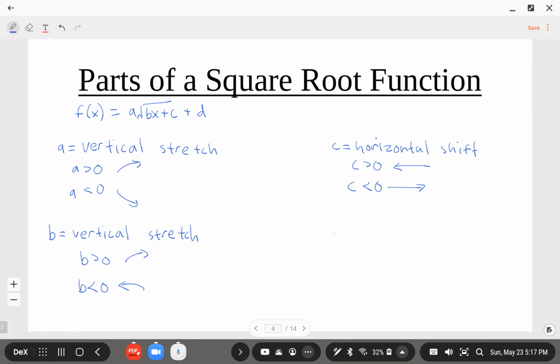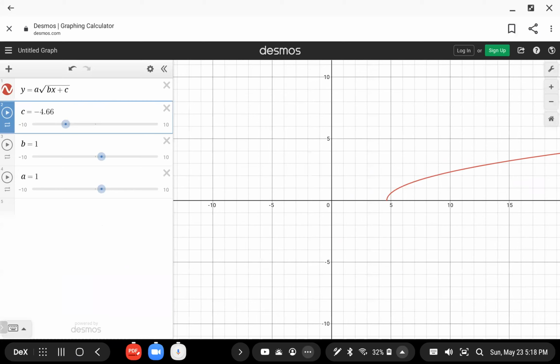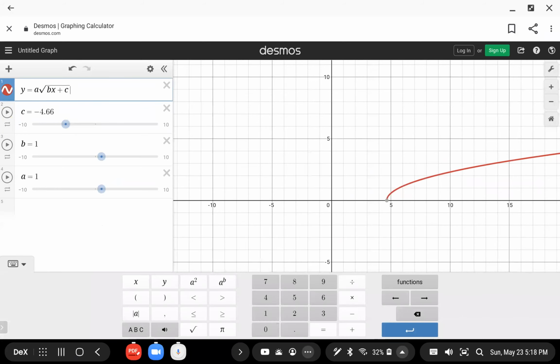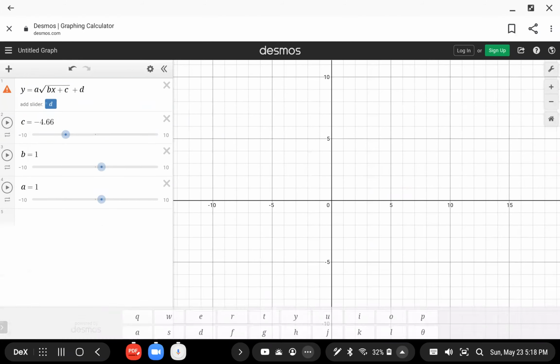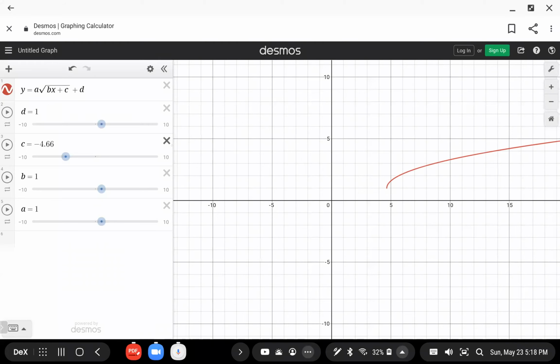Let's take a look at d now. Since c is a horizontal shift, d should be a vertical shift. Let's add a slider here. Let's reset that.